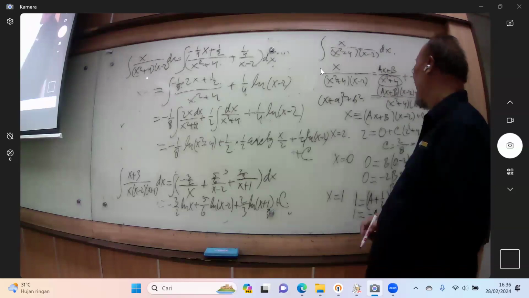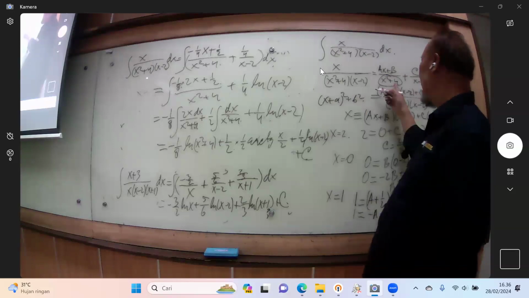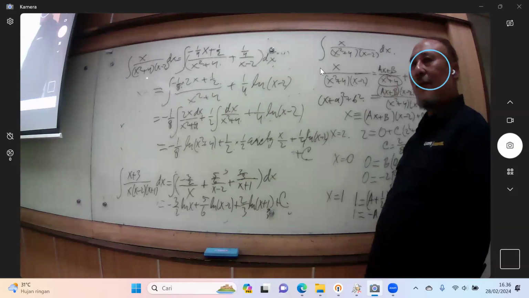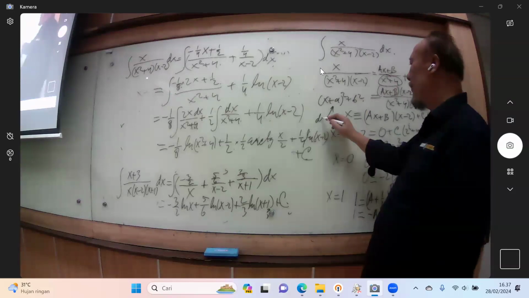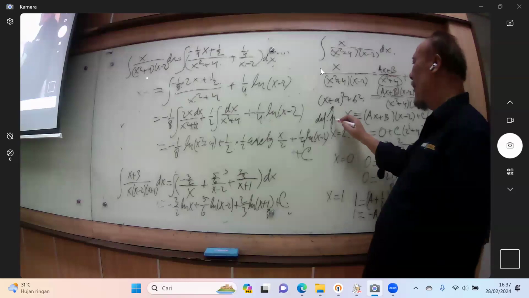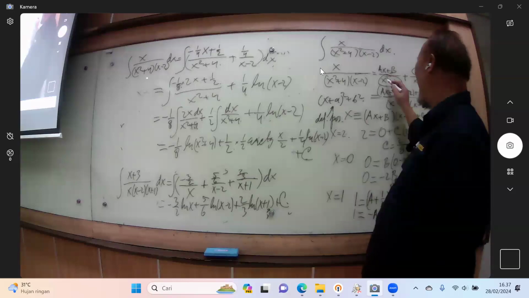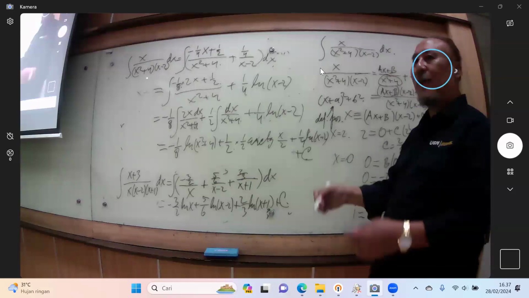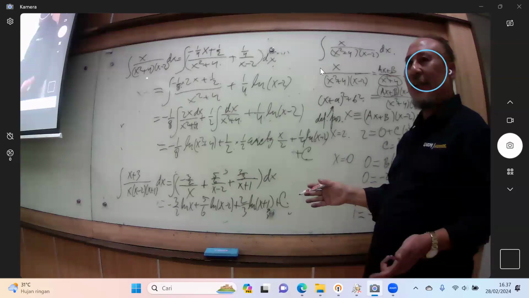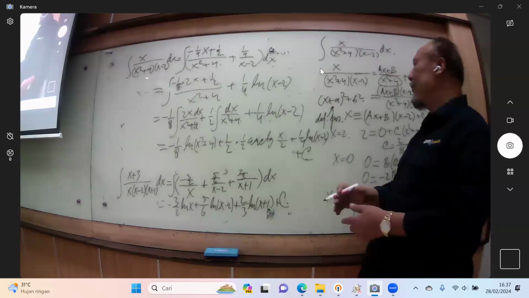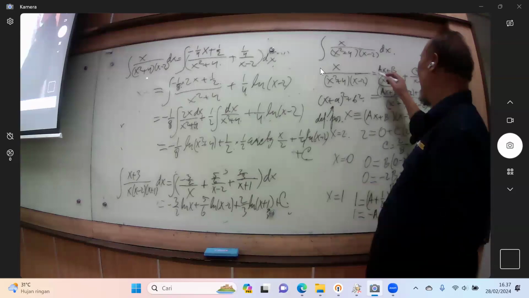So this one, a is 0, b is 2. So this is the form of definite positive. If it's definite positive, we cannot factorize into real factors. Because we cannot factorize into real, then we put ax plus b.